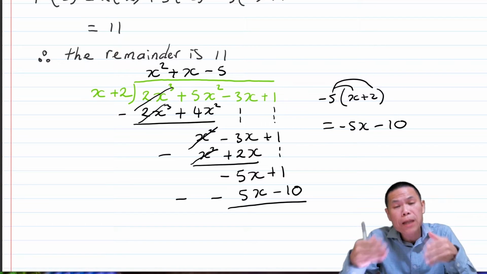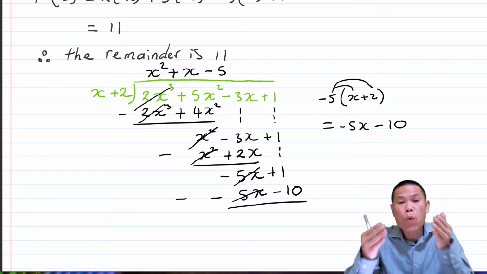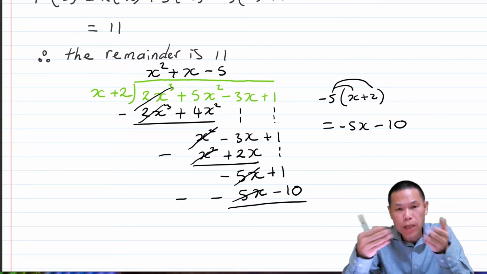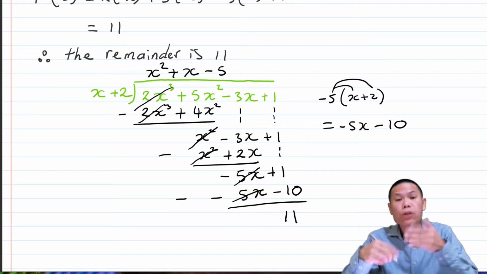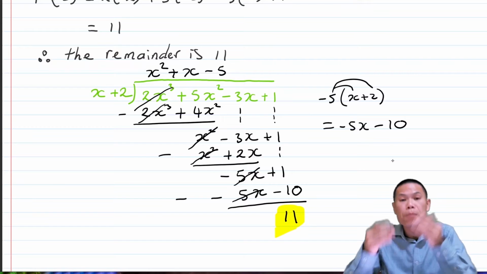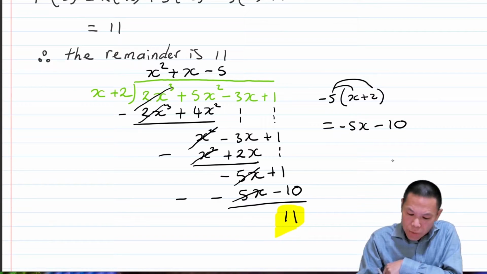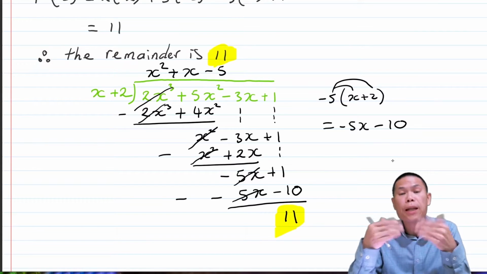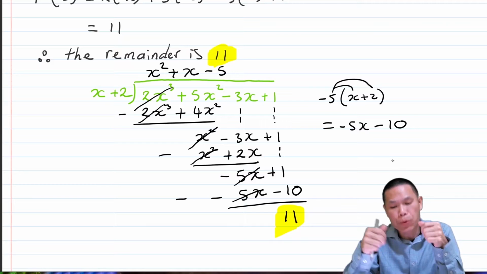Negative 5x minus negative 5x cancels out, and 1 minus negative 10 becomes 11. So there you go, the remainder is 11 by using long division, and from the remainder theorem we also get 11. Let's move on to the second example.